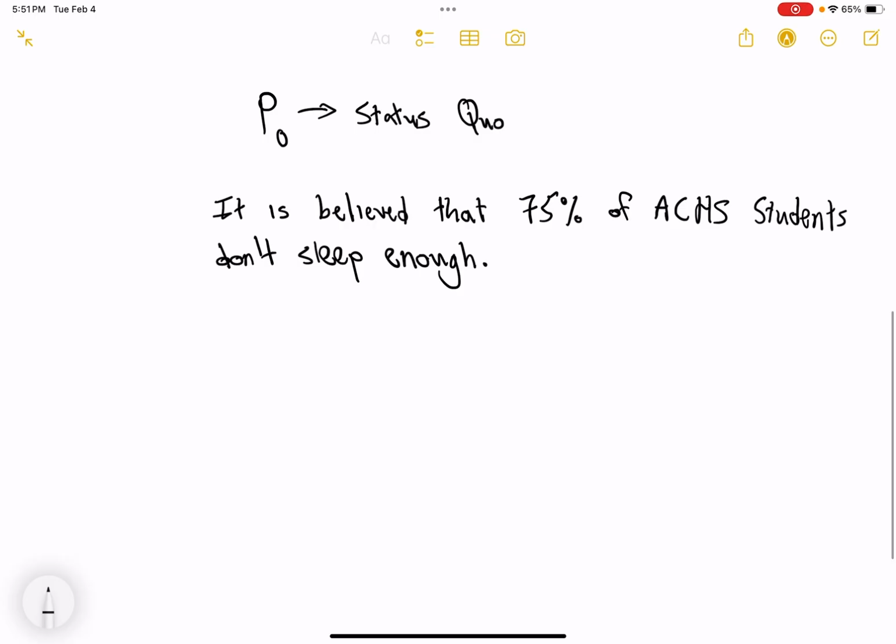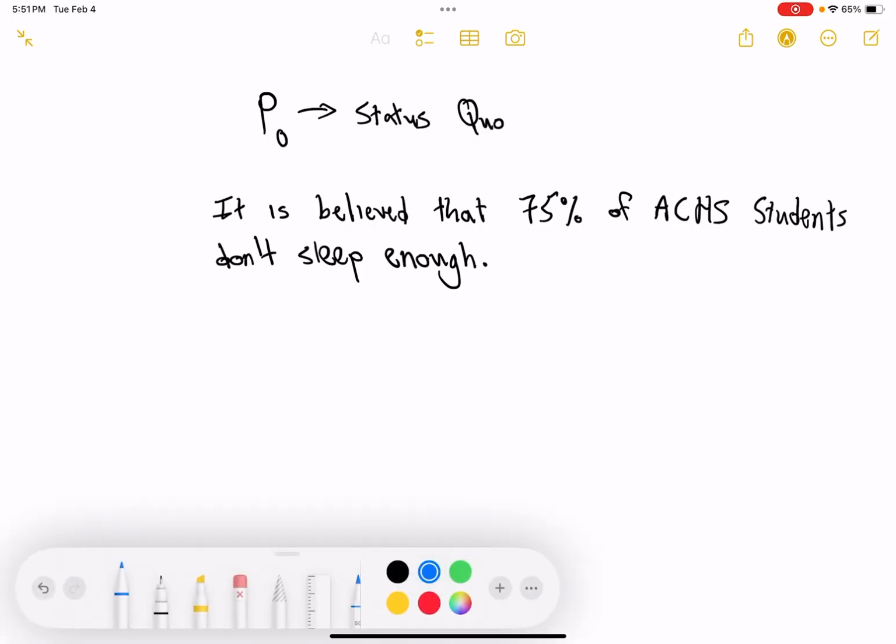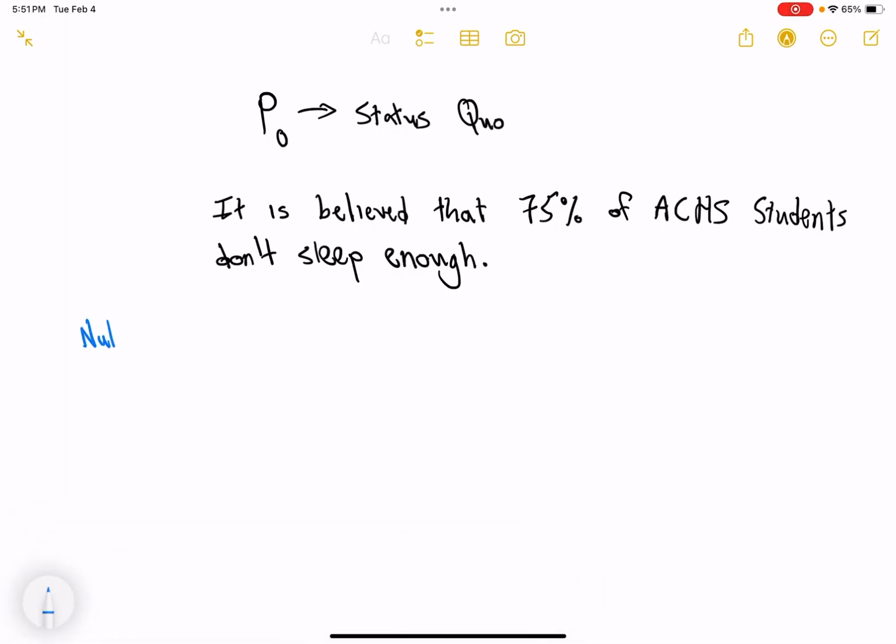Now, before I go through the rest of this problem, we've already been given a key piece of information. We've been given what's called the null hypothesis. The way we write that is an H with a zero in the subscript. That's our null hypothesis, and what the null hypothesis is is that the true parameter p is equal to 0.75. That's it.